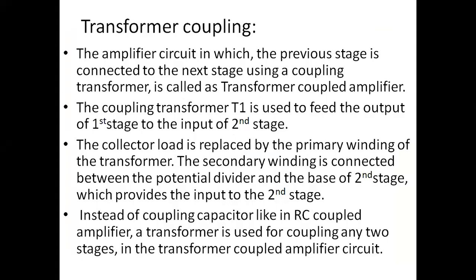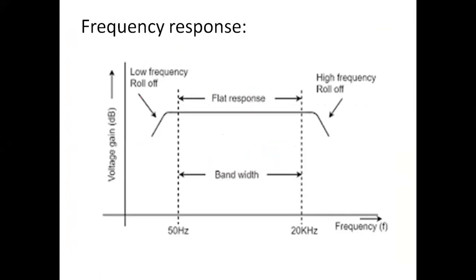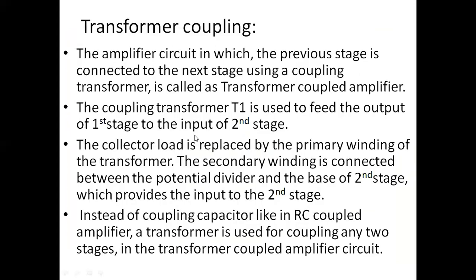If you observe the figure, we can get some flat response at mid frequencies, that is from 50 Hz to 20 kHz. We can have some flat gain, and the gain is reduced at lower frequencies as well as at higher frequencies, because of capacitance. So this is the frequency response of RC coupling.